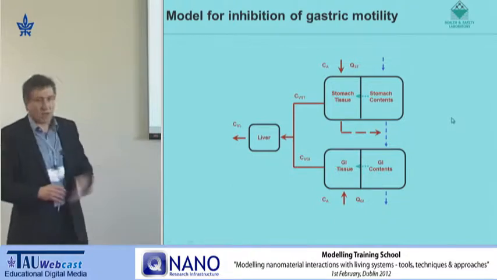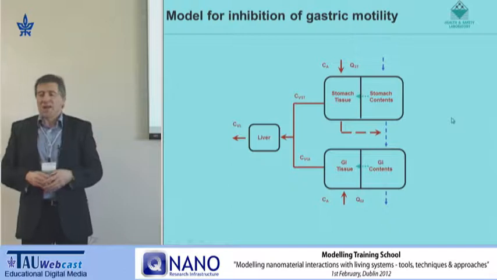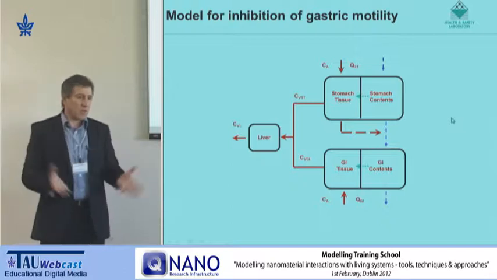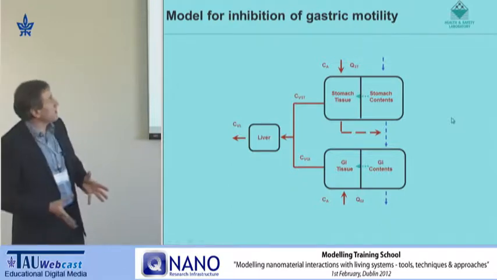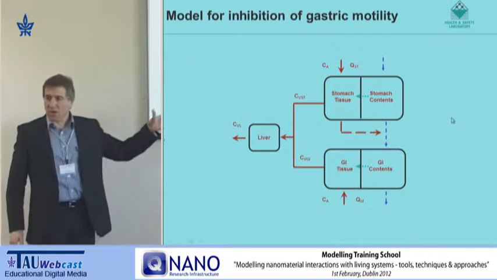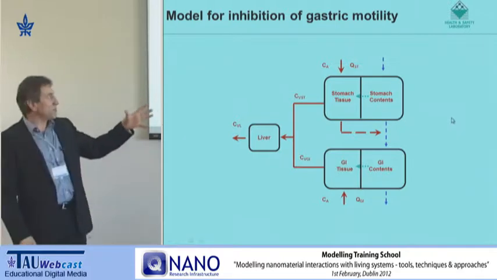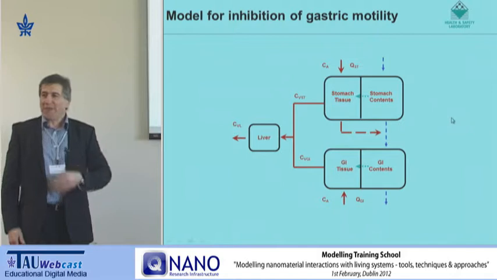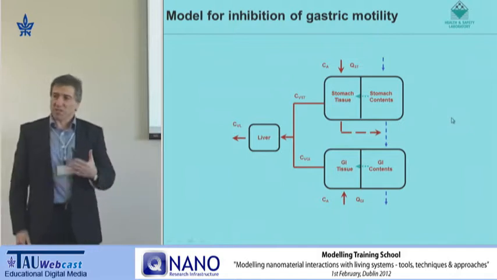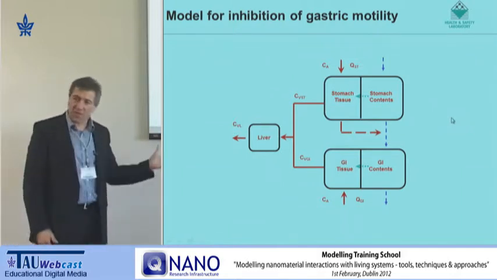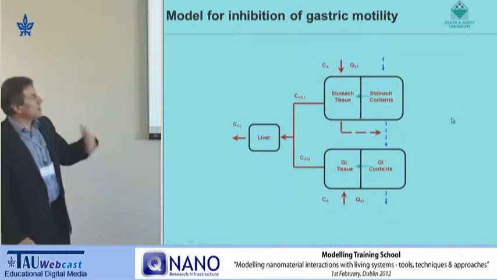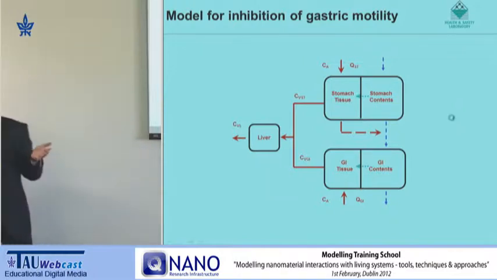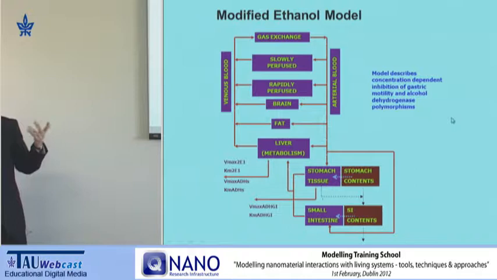And the turquoise broken line signifies an effect on the muscles of the stomach that cause contraction. And the same thing's happening in the lower GI tract. And together these processes modulate the amount of substance that appears in the portal blood that feeds into the liver. And together this should help us describe a concentration-dependent inhibition of metabolism.